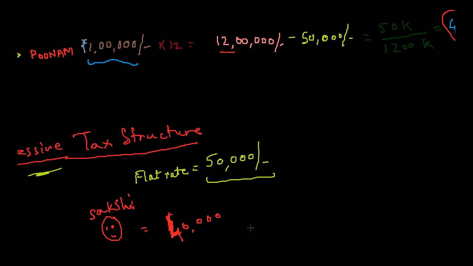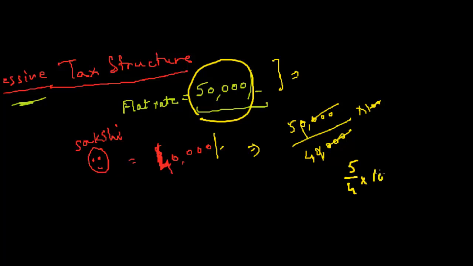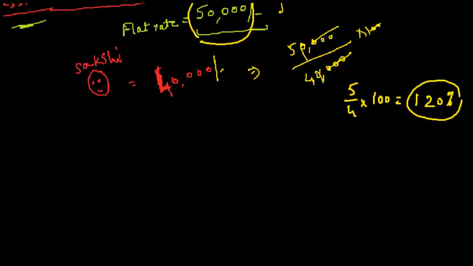As the government has said they want 50,000 rupees, she has to pay 50,000 out of her pocket when she has only earned 40,000. The tax she has to pay is 5 by 4 into 100, that is 125%, a whopping amount especially for a person who does not have the ability to pay.